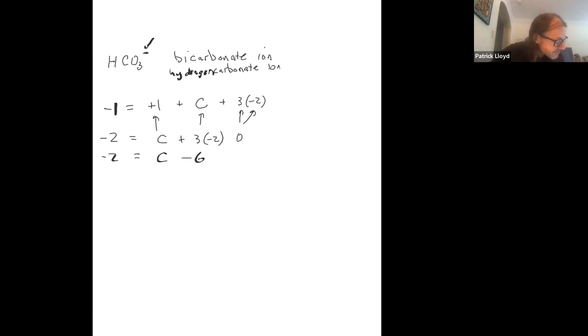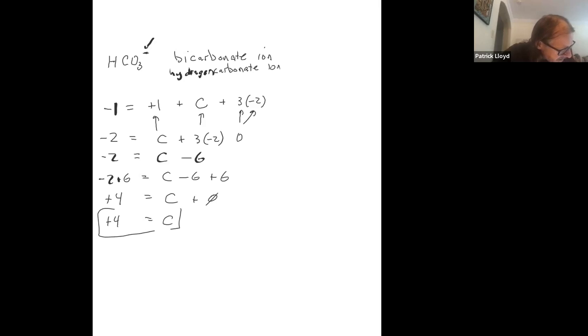Now let's add 6 to both sides. So -2 plus 6 equals C minus 6 plus 6. I added 6 to both sides. And so what do I get? +4 equals C plus 0, so +4 equals C. So notice here carbon is +4. If in red, that red element of carbon, we would say it's +4.